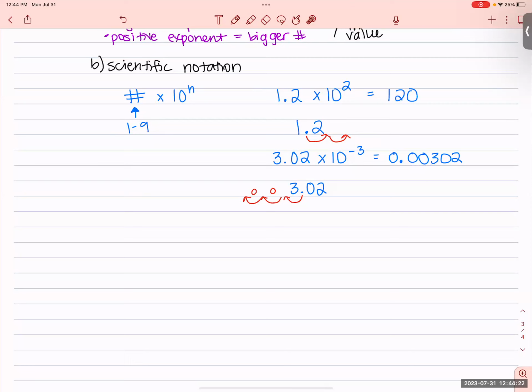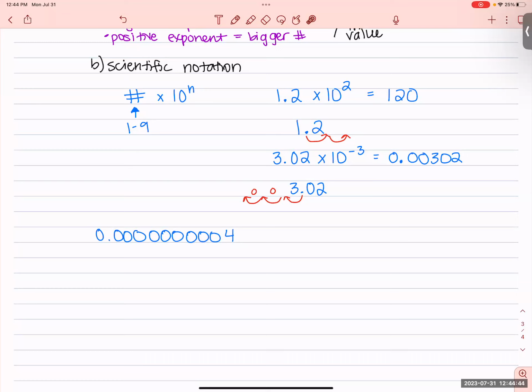Like if you were to tell somebody, oh, 0.00302. But if I had to communicate a number like this, you're probably not going to say it out loud, 0.000000004. Somebody's going to be like, wait, how many zeros was that?